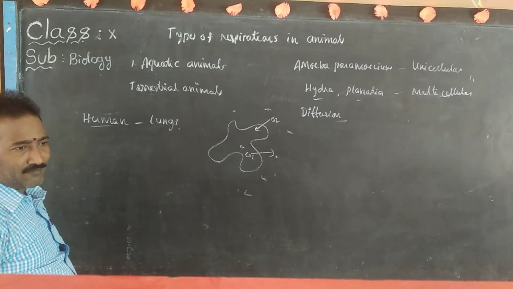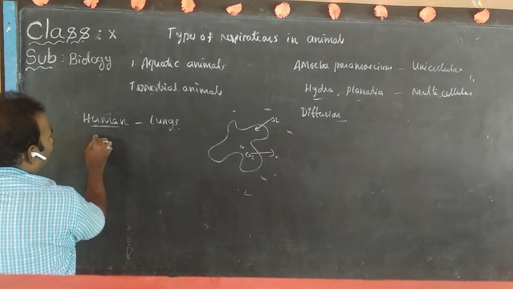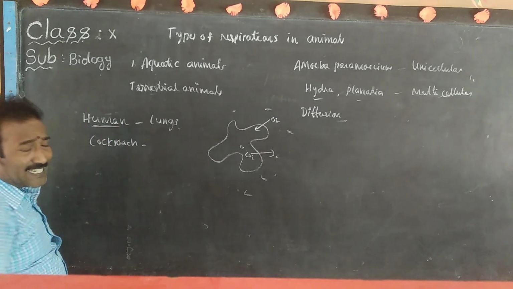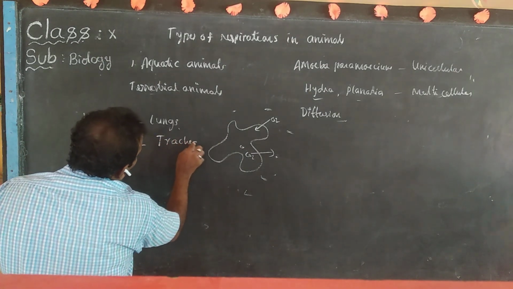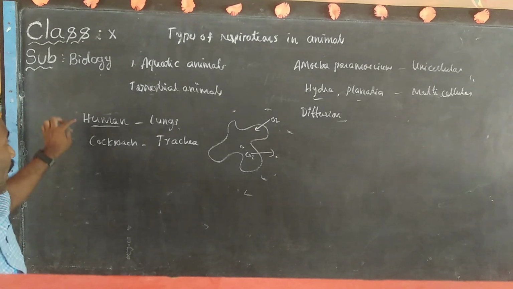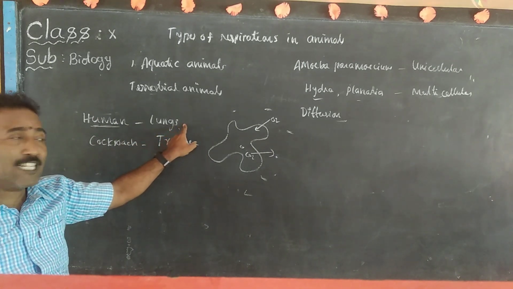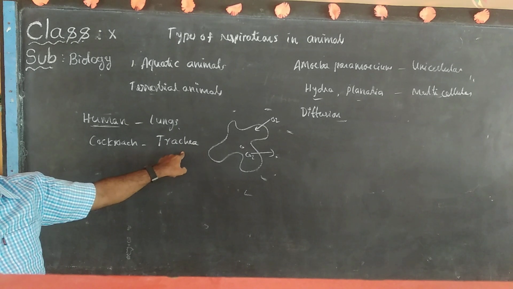Cockroach is also a terrestrial animal, in which the trachea is the respiratory organ. Human being and cockroach are both terrestrial animals, but in human beings lungs are the respiratory organs, and in cockroaches trachea are the respiratory organs.